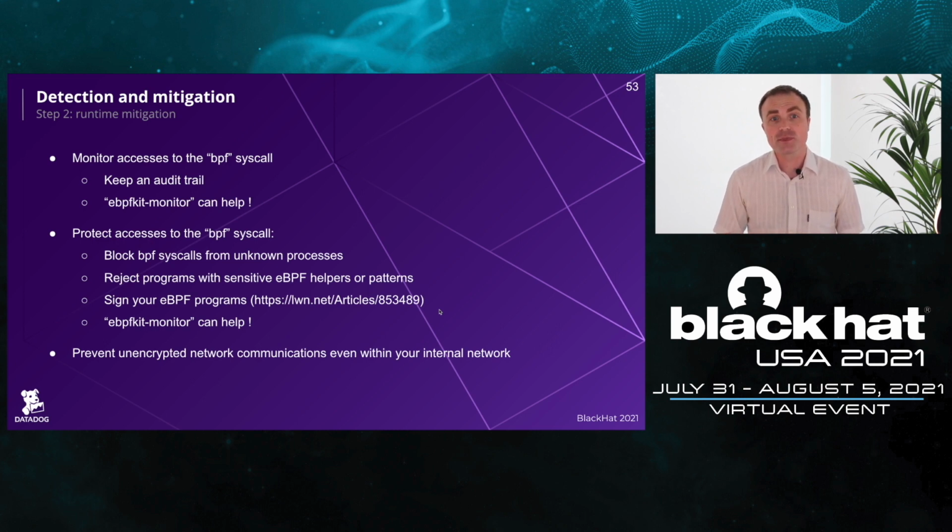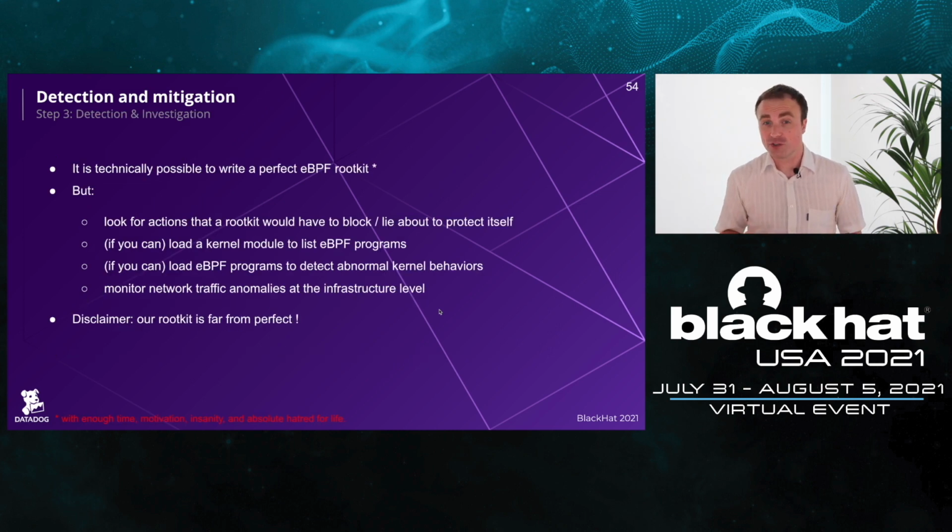Now, if we were not able to block the loading of such a rootkit, how difficult would it be to detect its presence? Even if it's possible, though very challenging, to write an almost perfect eBPF rootkit, we should concentrate on the actions that the rootkit would have to either block or lie about the results of. For instance, our rootkit disables the loading of kernel modules because such modules have the ability to list the eBPF programs and the active kprobes.